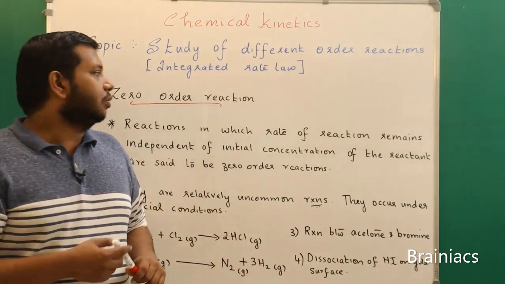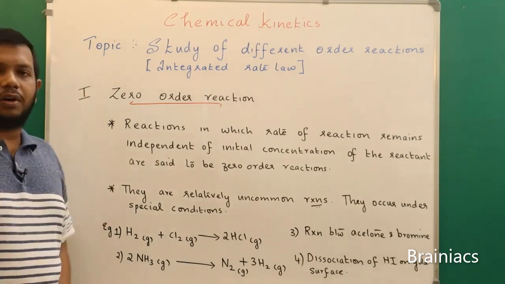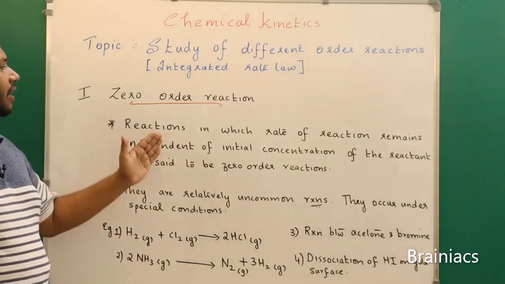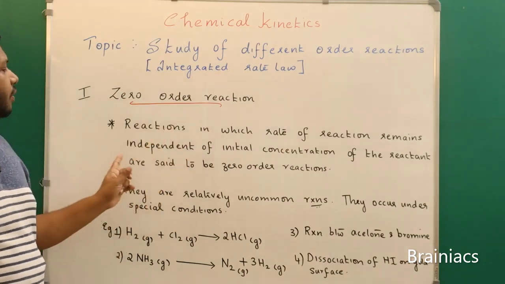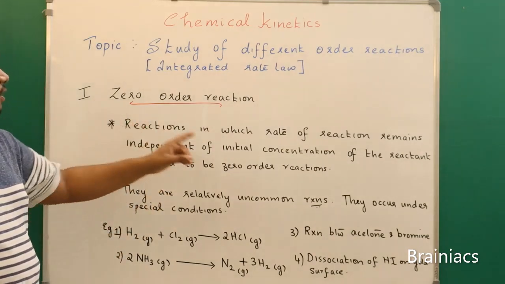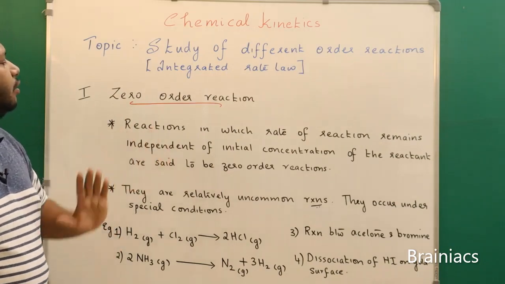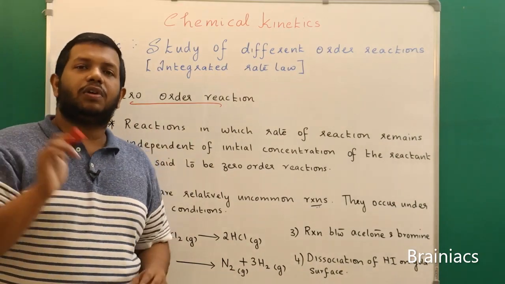Coming to zero order reactions: the reactions in which the rate of the reaction remains independent of the initial concentration of the reactant are said to be zero order reactions. How are we saying that?